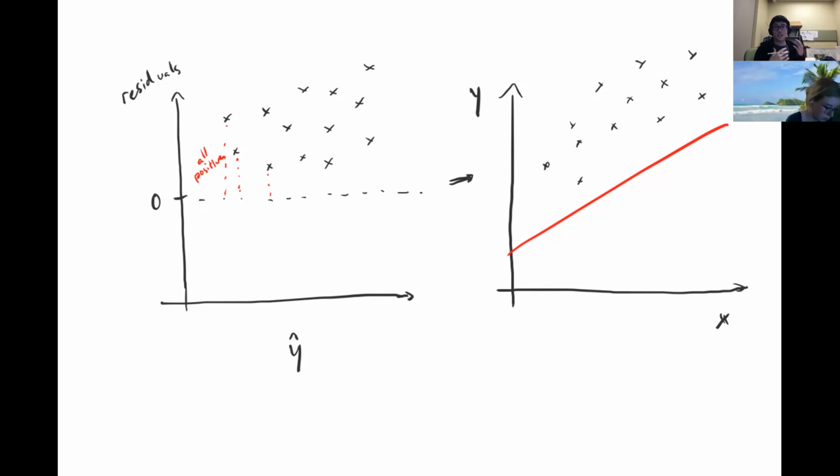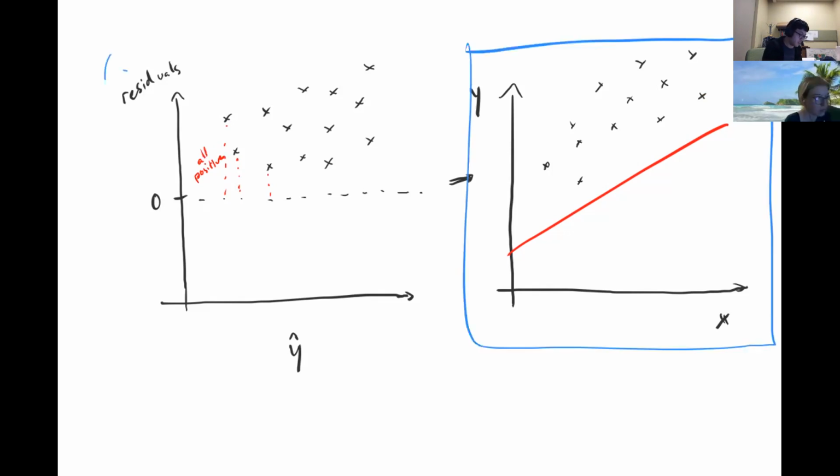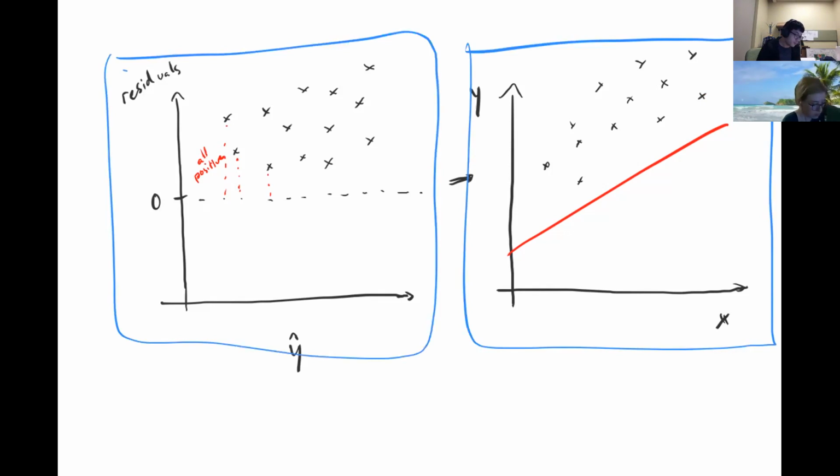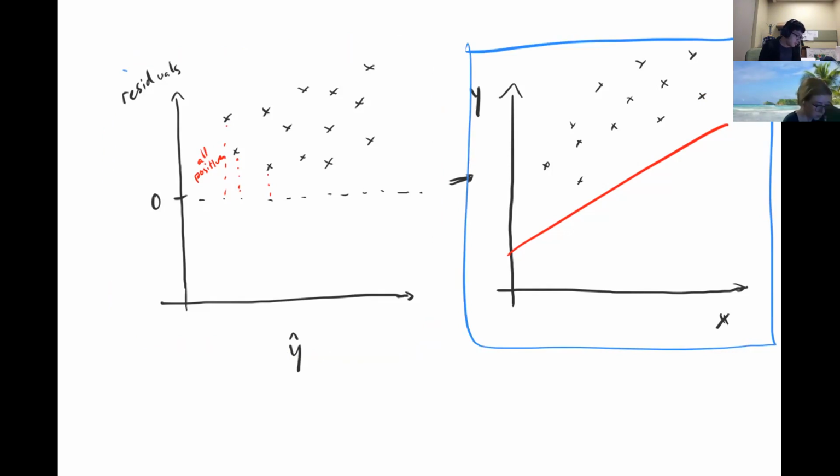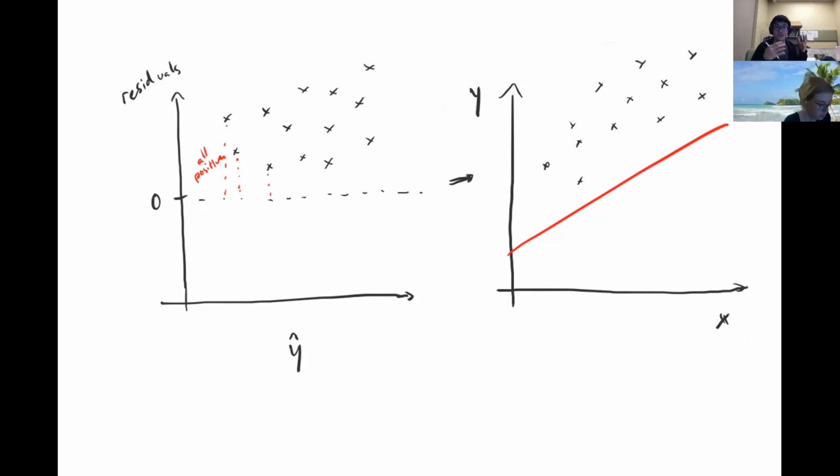And so, okay, you might say, well, why don't I just look at this chart instead of looking at this chart?